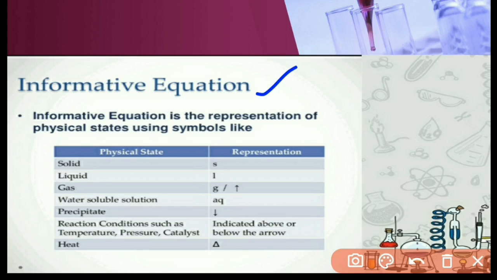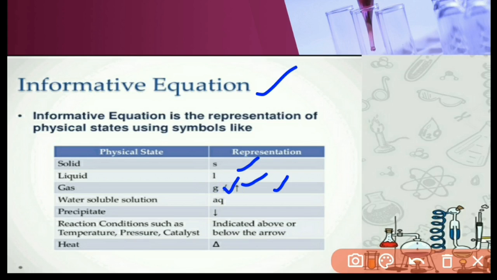What the physical states represent, we can understand from this table. For a solid substance use only s. For a pure liquid or solvent we can use l. For a gas, evolution of gas is represented by an arrow mark and also the small g symbol.